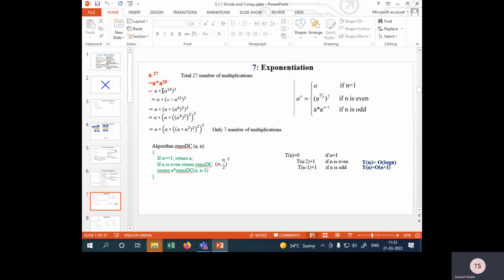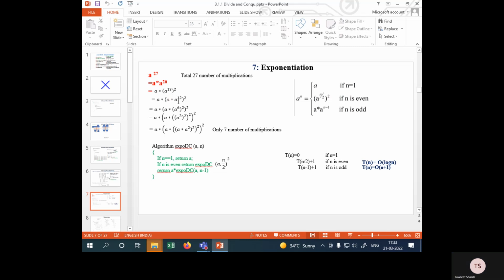This star is star, no change. Inside it's a to the power 26. I can write it as a to the power 13 and externally I will keep 2. So 2 multiplied by 13 will again be 26. Pure mathematics actually comes into play here. So I will go one step down, a will come here. Inside those brackets, I can write this a power 13 equal to a into a power 12.